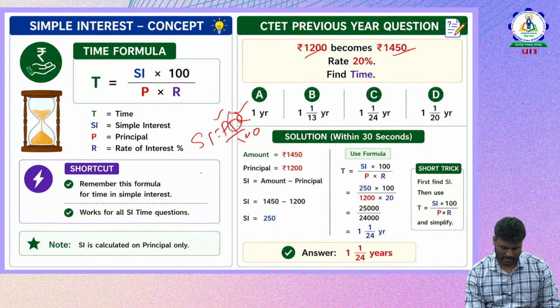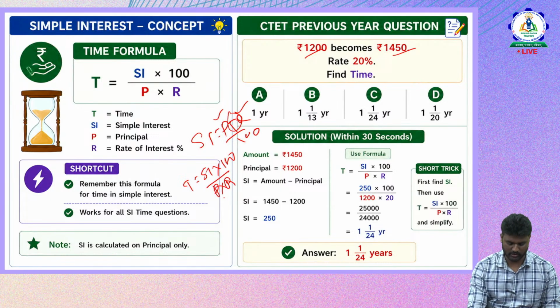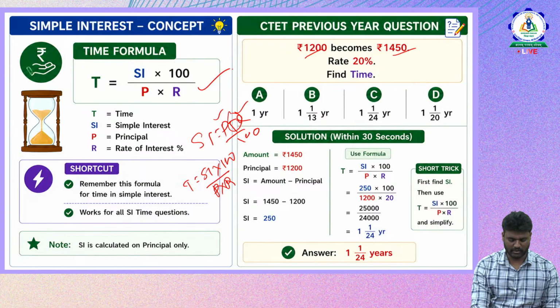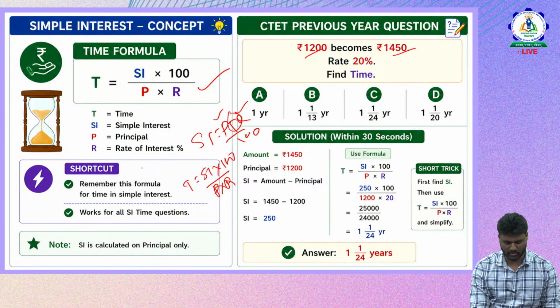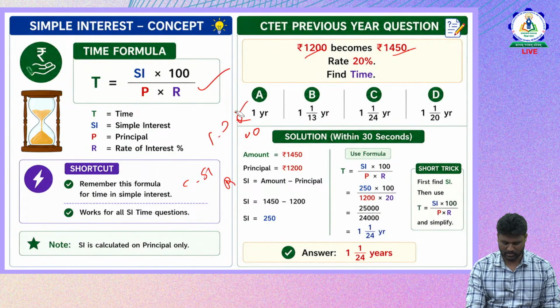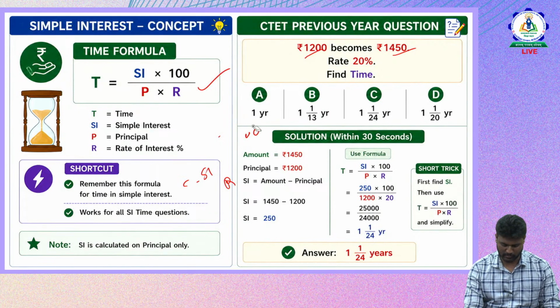We can write it as T is equal to SI into 100 by P into R, where T is time, SI is simple interest, P is principal, and R is rate of interest. Now let us try to apply the given values in this formula, and by applying we can get the time.